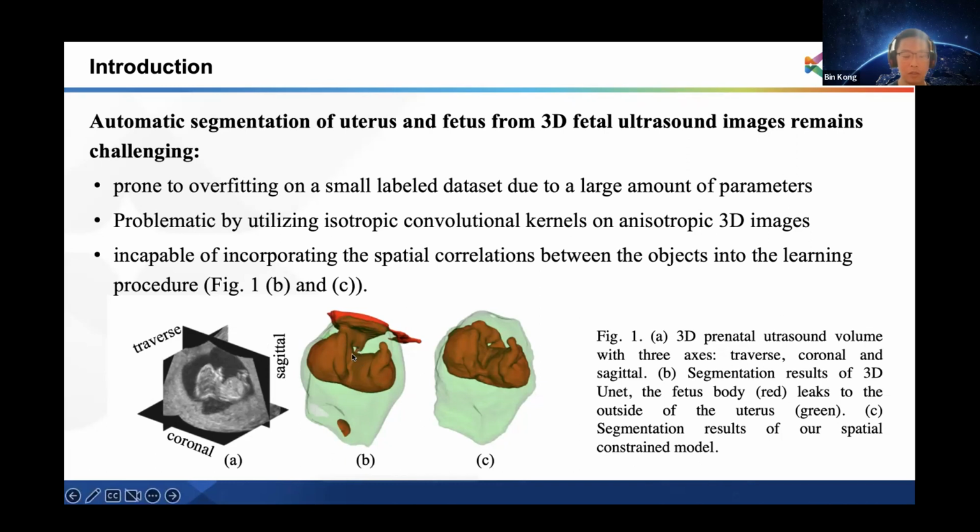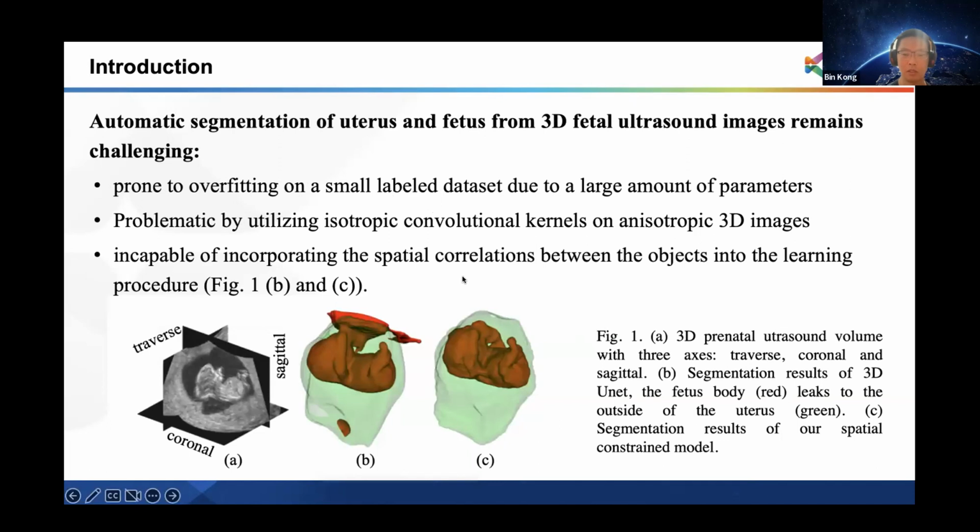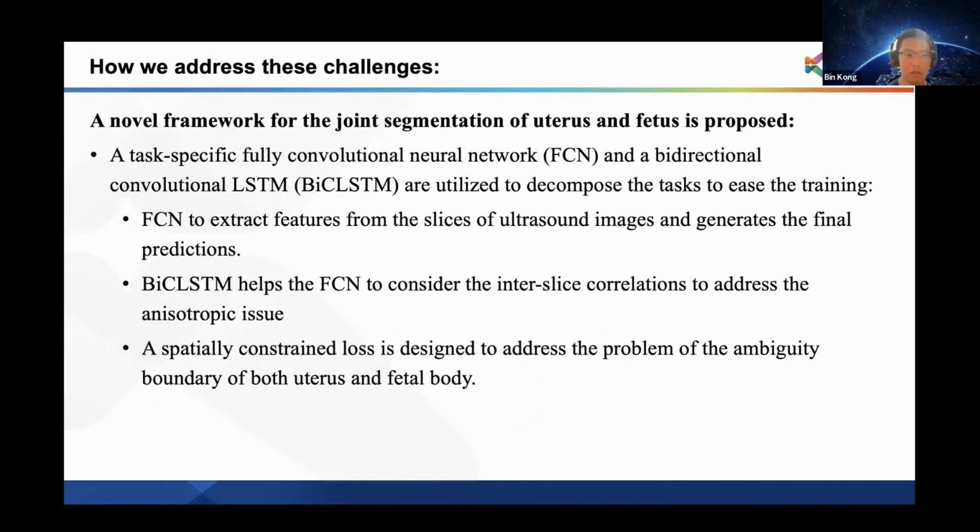The fetus leaks into other areas because it doesn't consider the spatial correlations, right? If we just use 3D convolutional neural networks, it's impossible to incorporate this kind of spatial correlation between the objects, right?